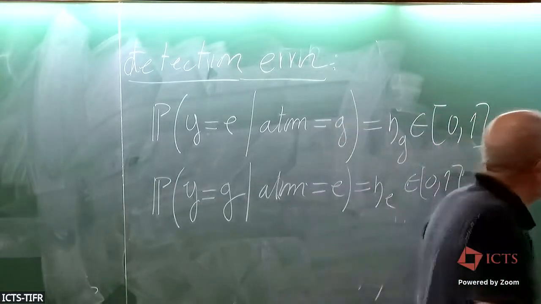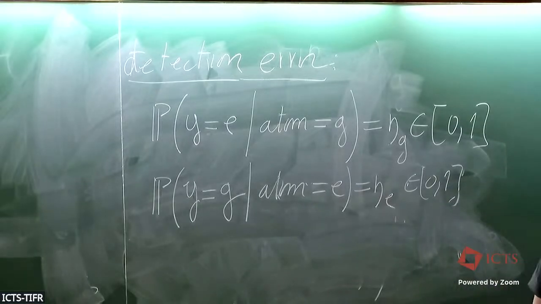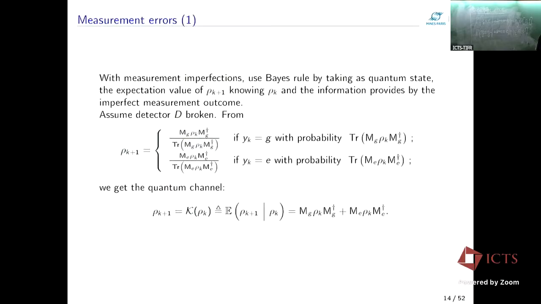And now what I will do is just use this. But I have to put a weight here and a weight here, of course, because I get some information. So the way to update your quantum state is to use this. Of course, everything is conditional. So these probabilities here are classical probabilities.